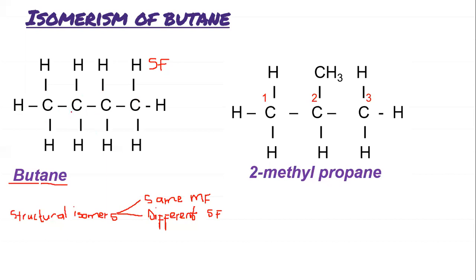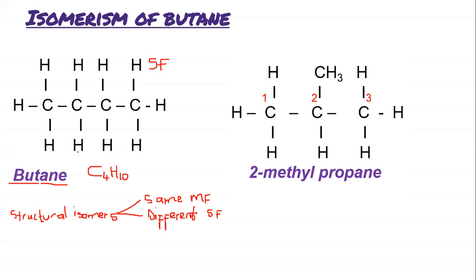I can see that I have 4 carbons here, so this is going to be C4. Then I'm going to check how many hydrogens I have in this molecule: 1, 2, 3, 4, 5, 6, 7, 8, 9, 10. In other words, for butane, I have 4 carbons and 10 hydrogens.